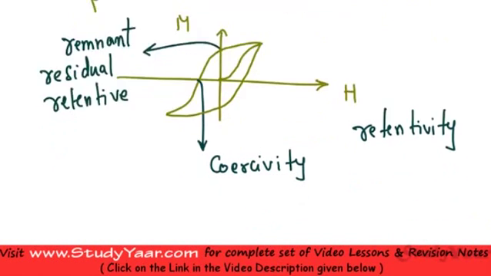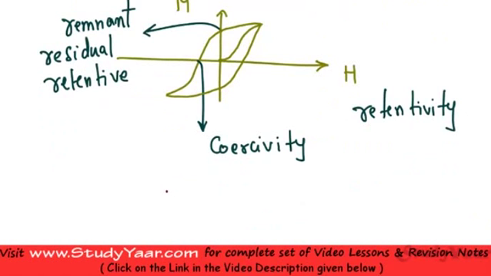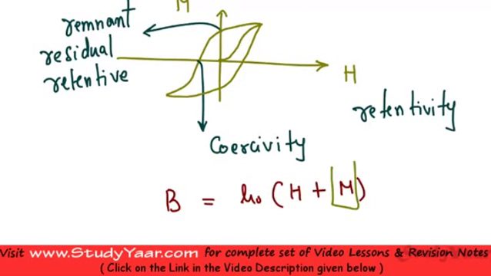Just realize, we had earlier seen that my magnetic flux density B is equal to mu 0 (H plus M). In a ferromagnet, this factor, magnetization, is more pronounced. This factor basically determines your magnetic flux density.